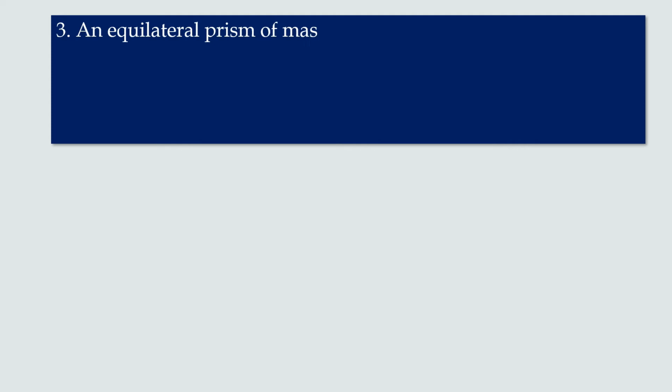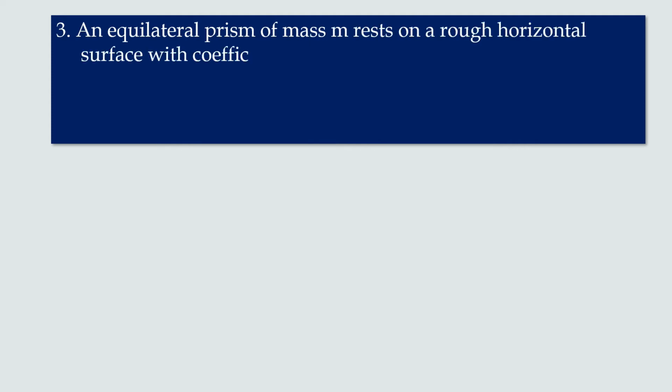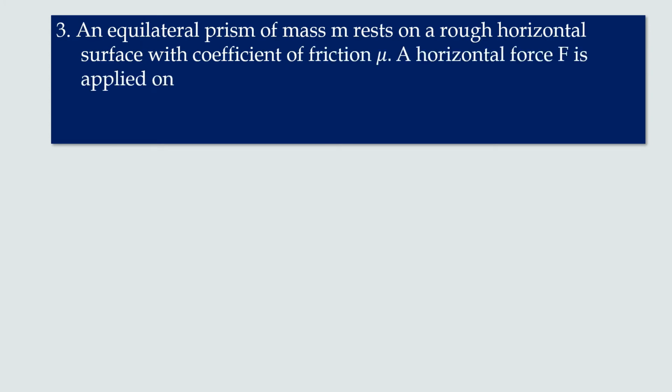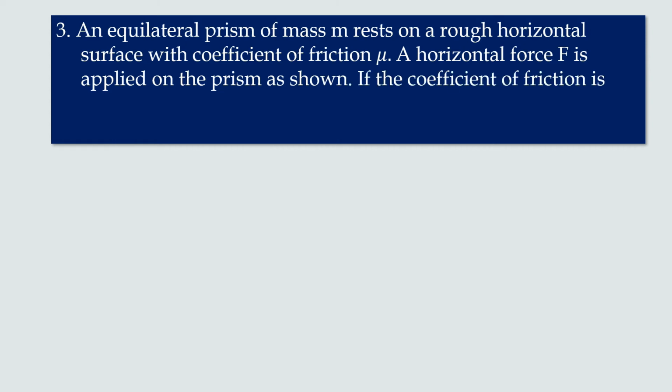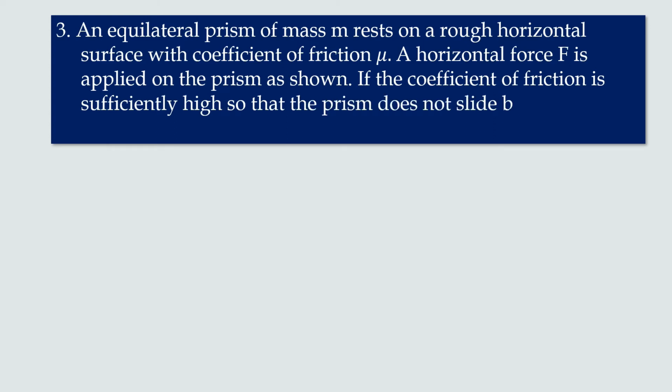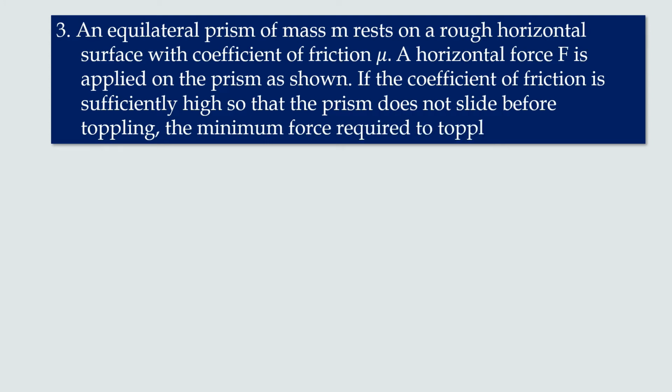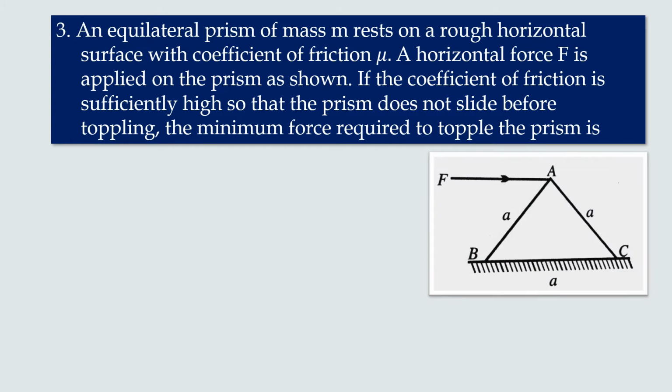An equilateral prism of mass m rests on a rough horizontal surface with coefficient of friction mu. A horizontal force F is applied on the prism as shown. If the coefficient of friction is sufficiently high so that the prism does not slide before toppling, the minimum force required to topple the prism is, see, this is the prism and this is an equilateral prism. All sides are equal.